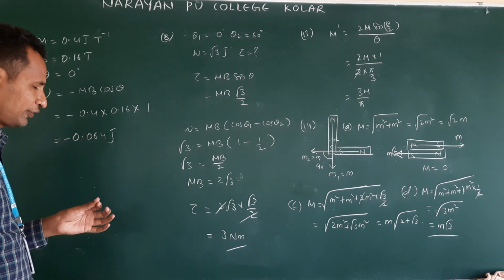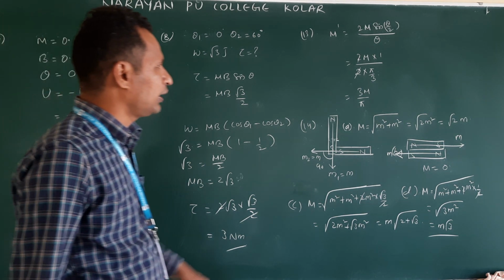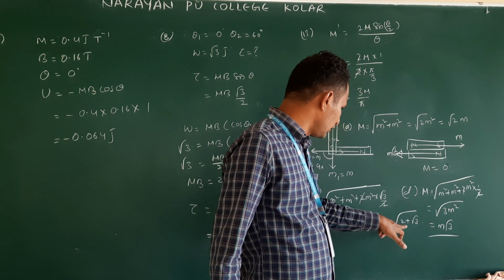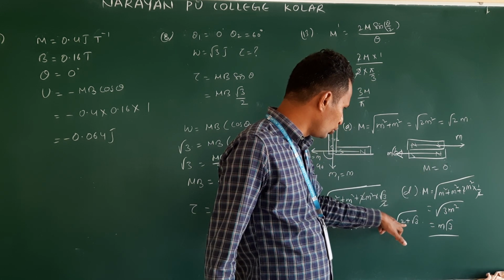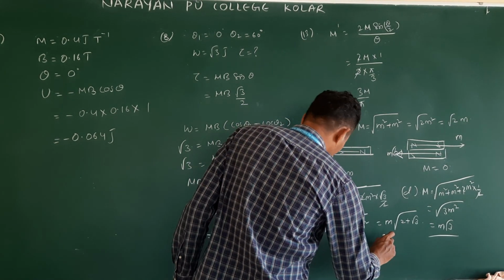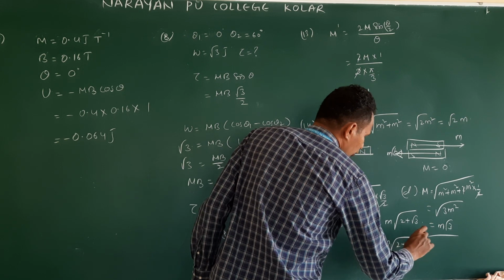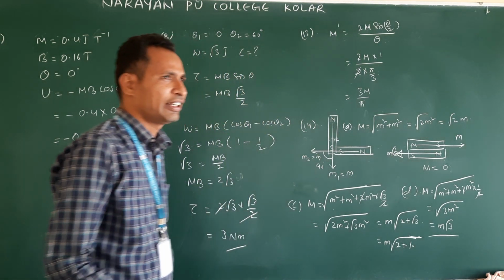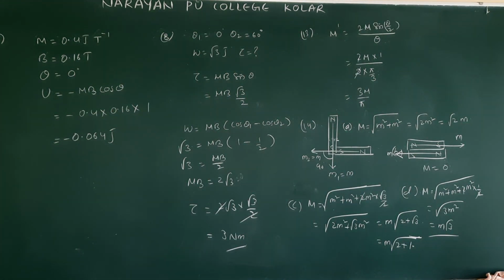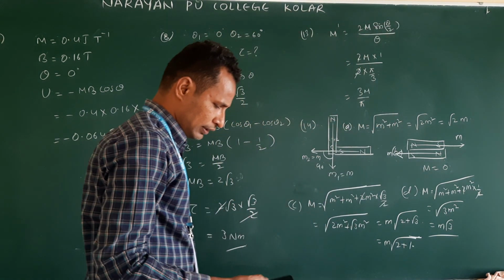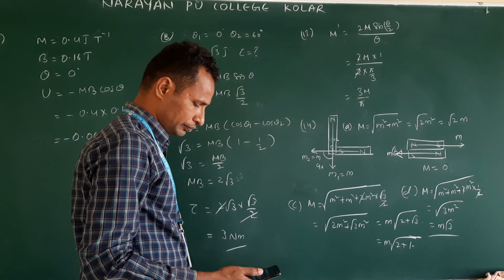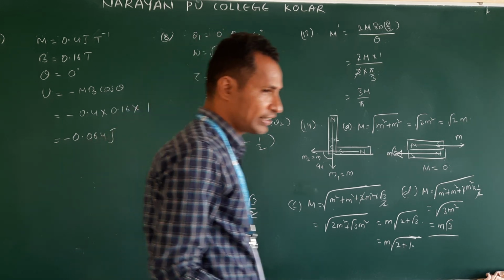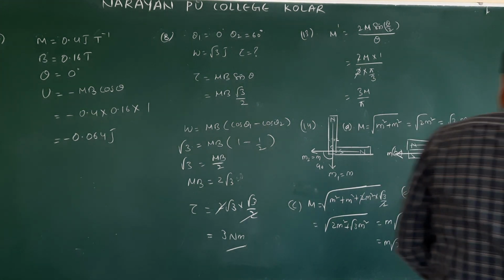Out of these, we need to find which is bigger. This is root 2 M. This is 0. This is M root 3. This is M root of (2 plus root 3). Go to option C: M into root of (2 plus root 3). The value is around 1.7, root 3 is 1.7.